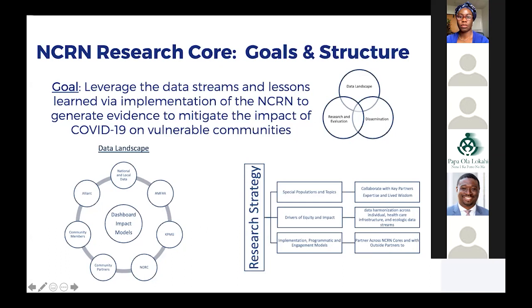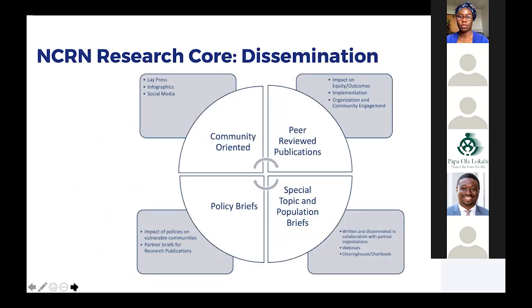Next slide, please. We've tried to be as inclusive as possible in our dissemination strategy. So in addition to producing peer-reviewed scholarly work, we also hope to produce relevant topic briefs and population briefs for our partners, as well as forward-facing materials for policy makers.